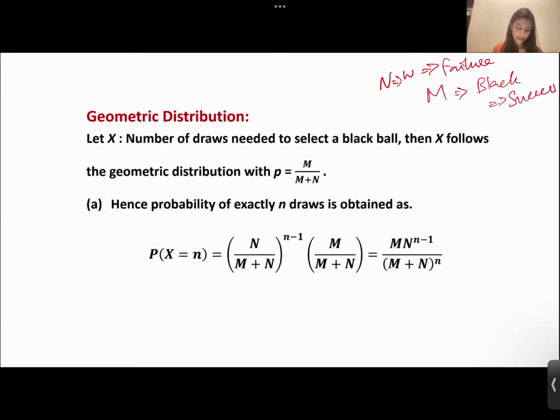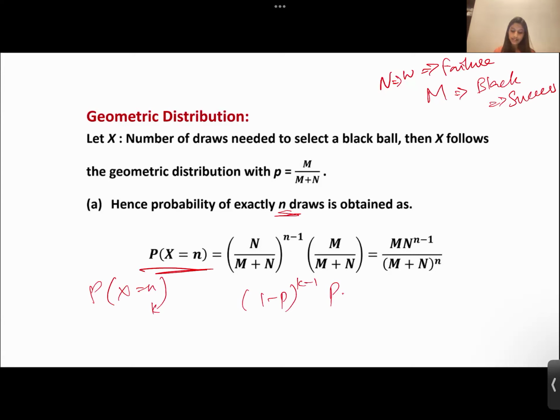So here you're calculating the probability that you need exactly n draws to get a black ball. This can be modeled with the same formula. Basically you have p into 1 minus p to the power k minus 1, where n is just k here.